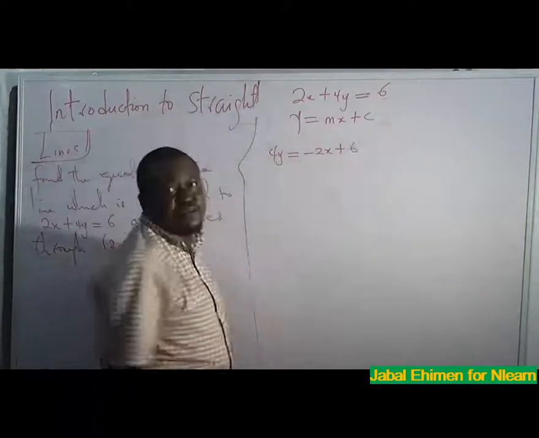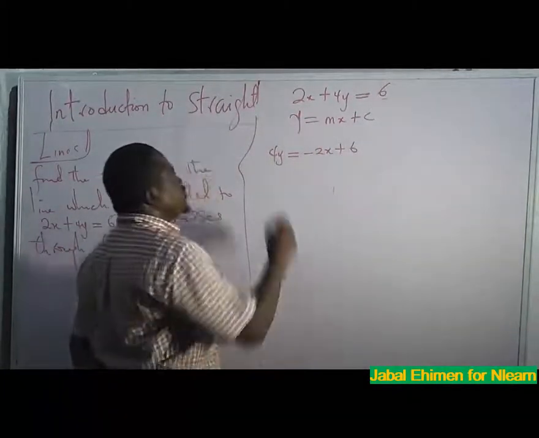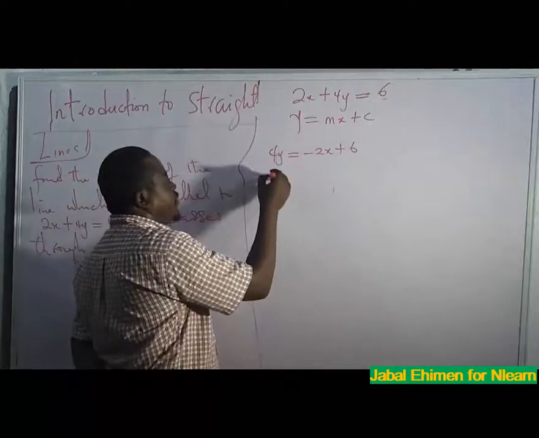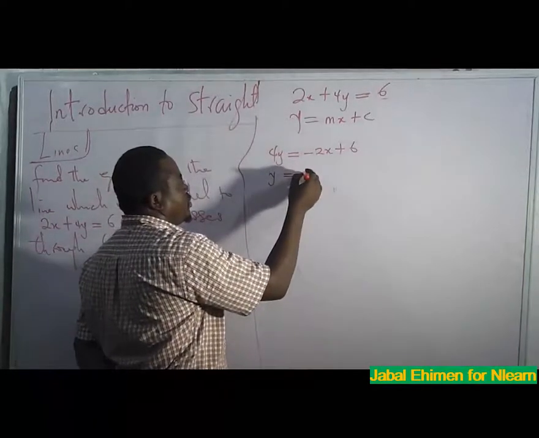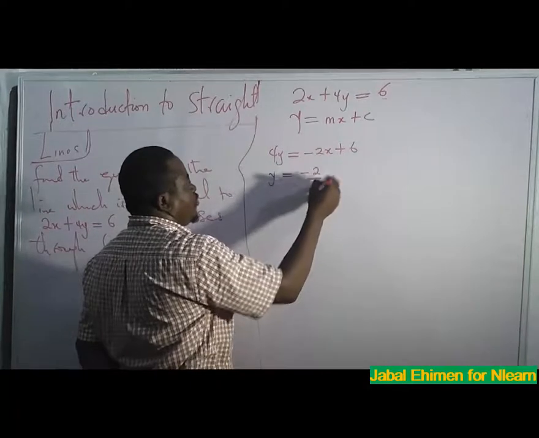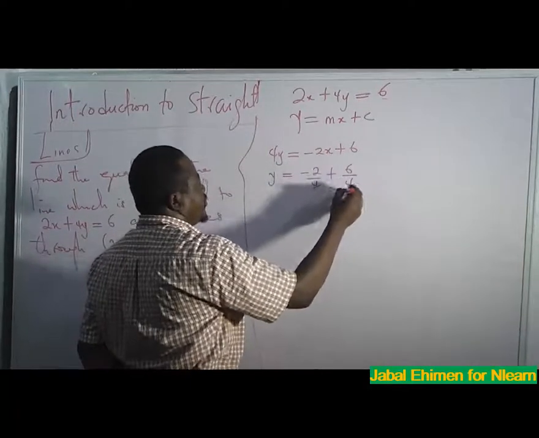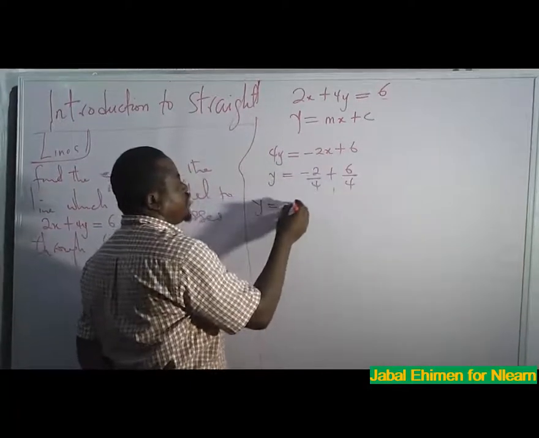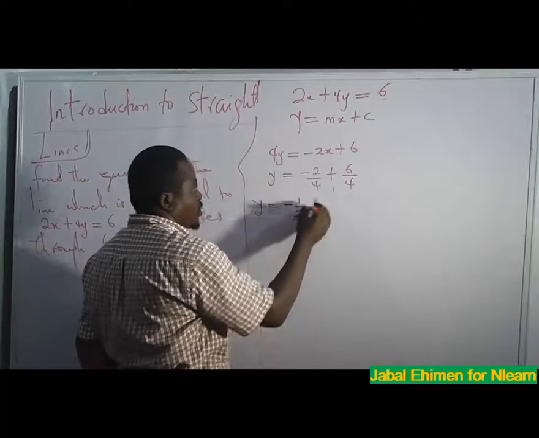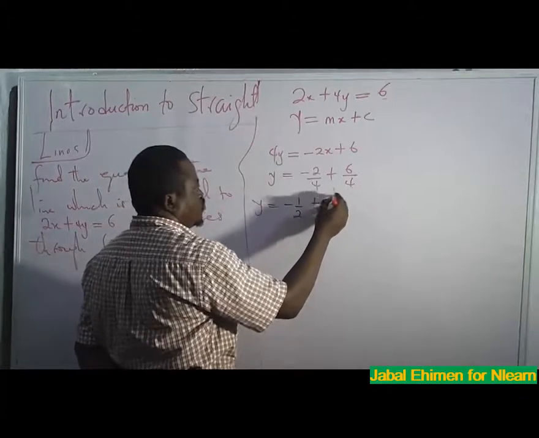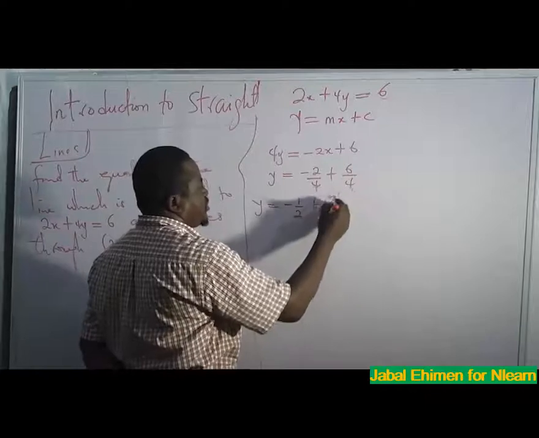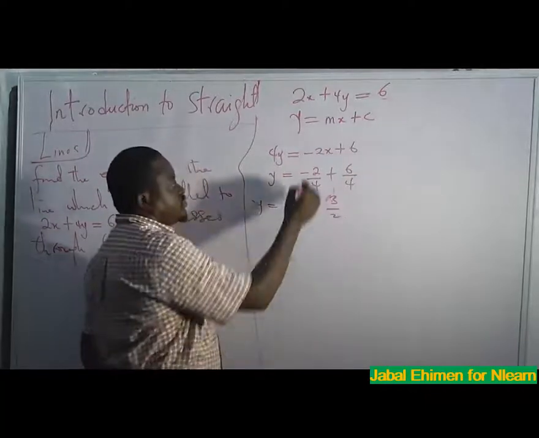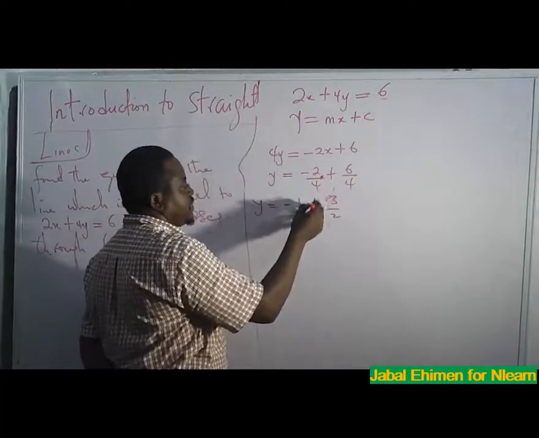The 6 is not moving, so it's plus 6. If I divide both sides by 4, I'll have y equals minus 2 over 4 x plus 6 over 4. So y is minus 1 over 2 x plus 3 over 2.